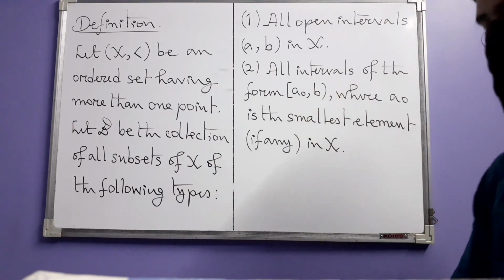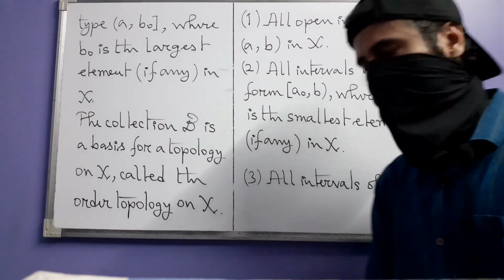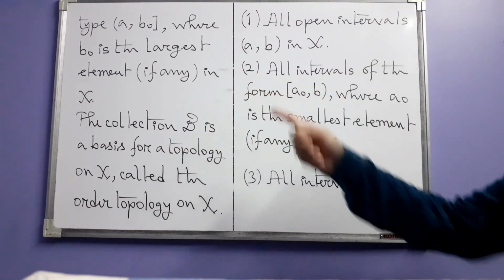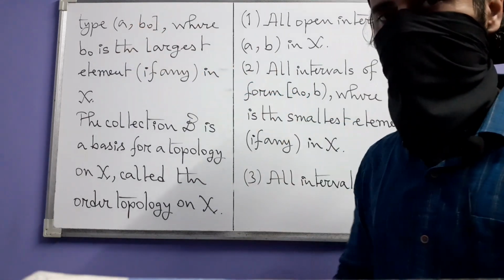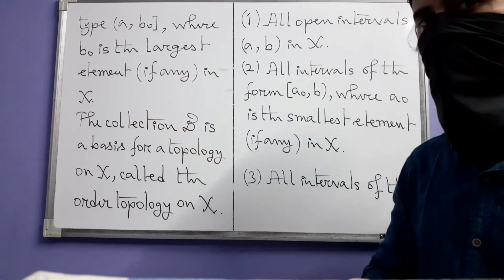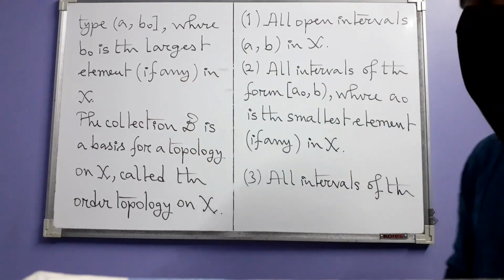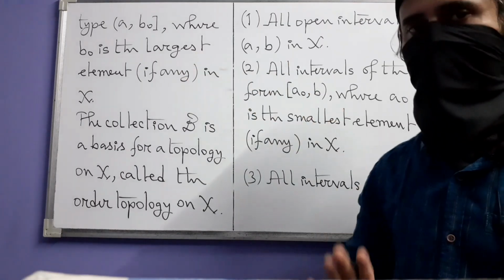And then there is one third type also, and the third type of intervals is this. All intervals of this type, open A, closed B naught, where B naught is the largest element in X if it exists. Now let us again emphasize this fact that it may not exist.